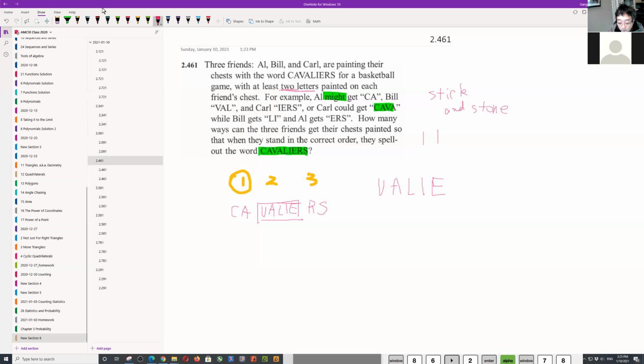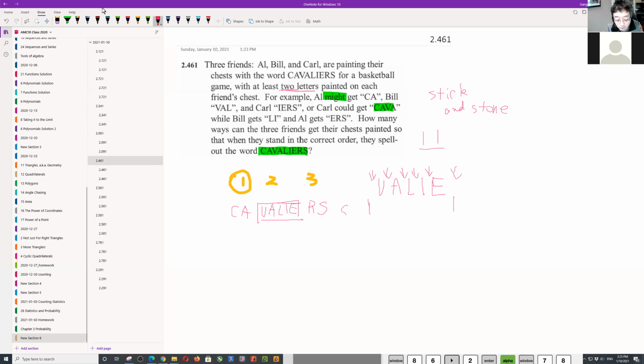We will have 6 places to put the divider, so 1, 2, 3, 4, 5, 6, and those 6 places have to hold 2 dividers. For example, I can put the dividers this way. This is actually a working method.